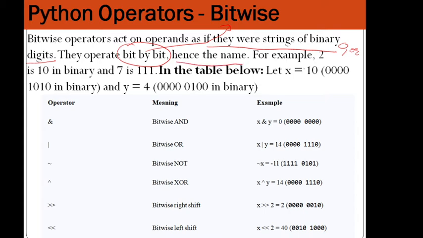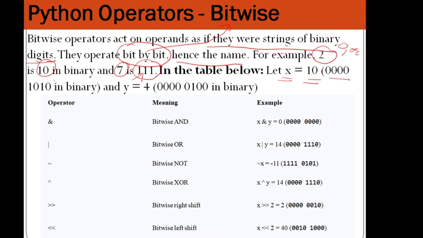For example, 2 is a decimal number, but in binary it is 10. 7 is a decimal number, but in binary it is 111. Now we are taking an example in which we have a variable x, decimal 10, which when converted into binary becomes this.